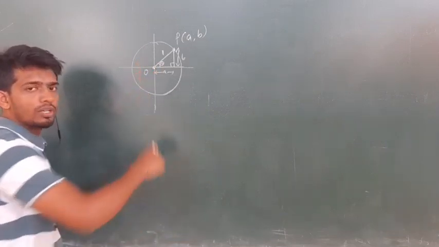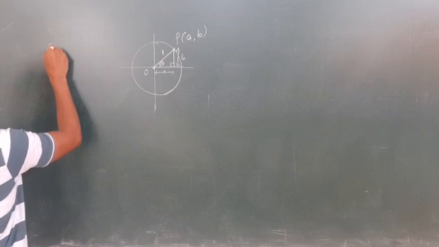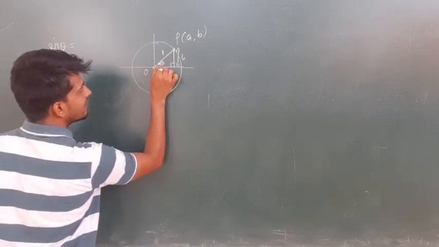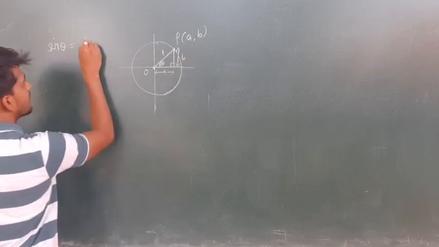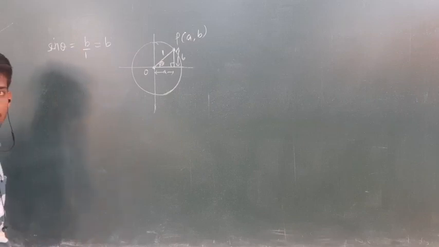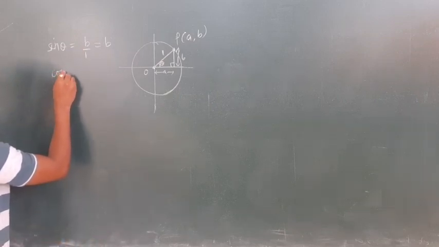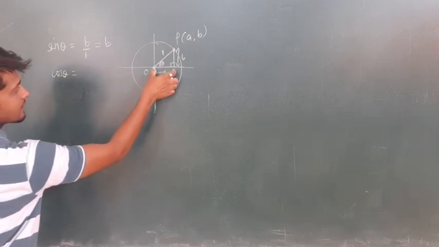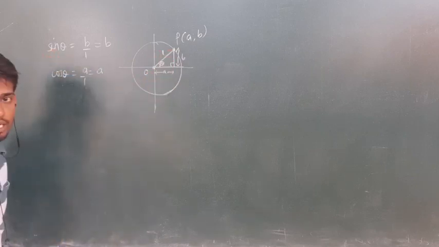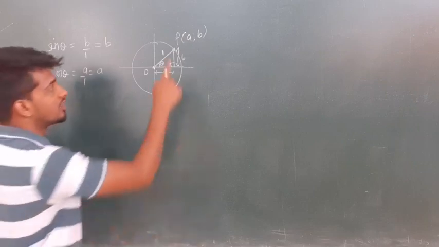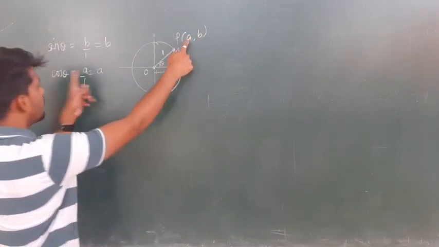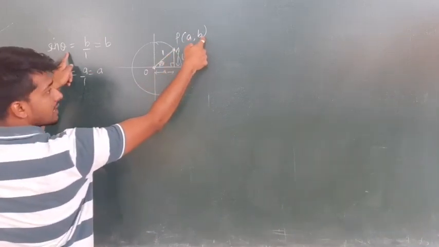Now I am going to define sine theta. Sine theta is opposite by hypotenuse, that is b divided by 1, which is nothing but b. And cos theta is equal to adjacent divided by hypotenuse, that is a divided by 1, which is nothing but a. We have taken the coordinates of this point as a and b, but here the a value is cos theta and the b value is sin theta.